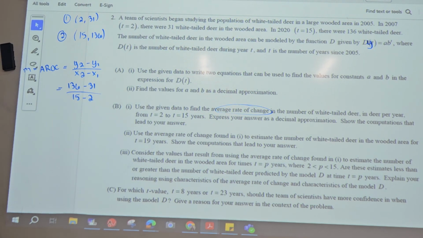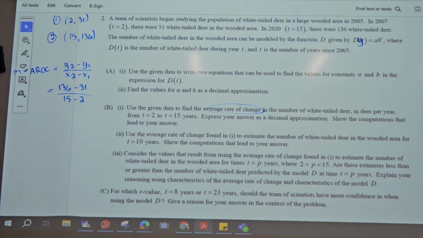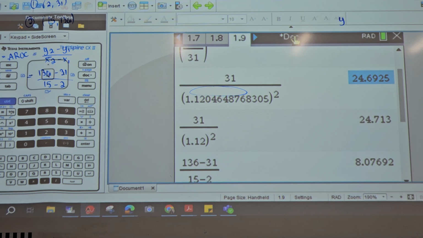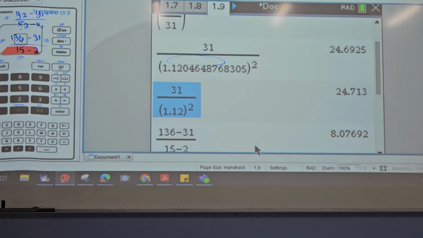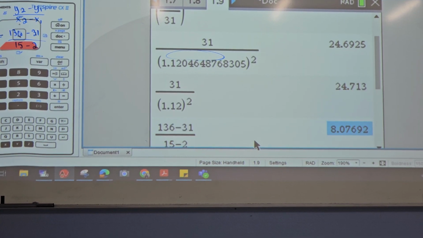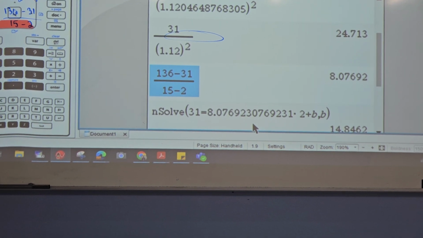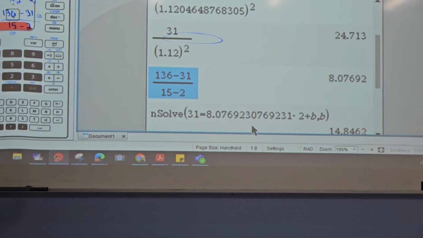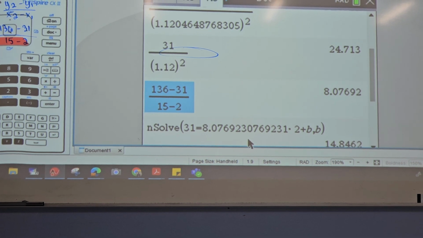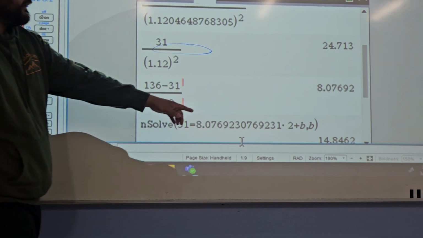So again, you're allowed to use a calculator. So plug it into the calculator. If you plug it into the calculator, you're gonna end up with 8.07692 right over there. I don't know if you guys can see it over here.